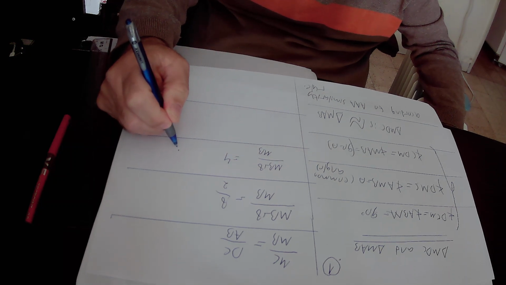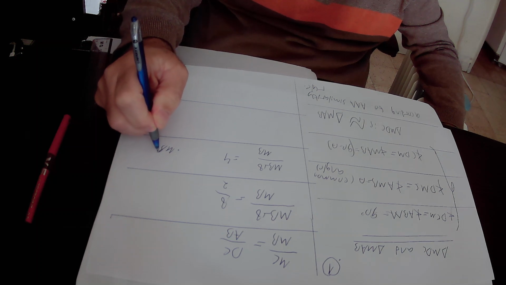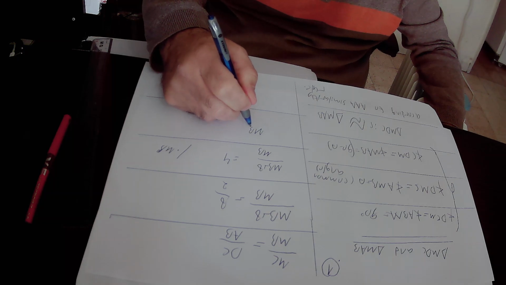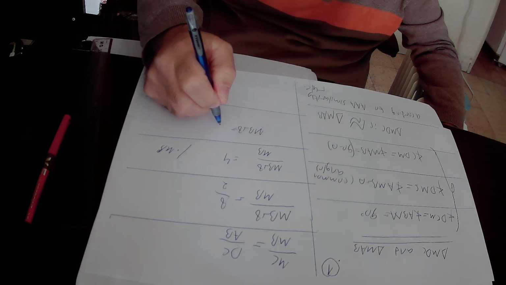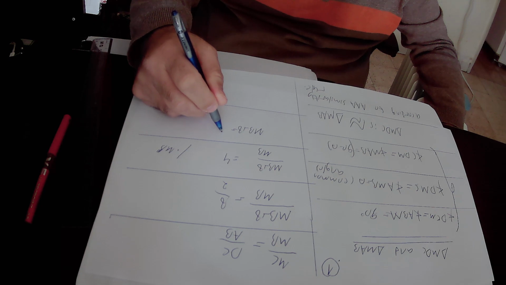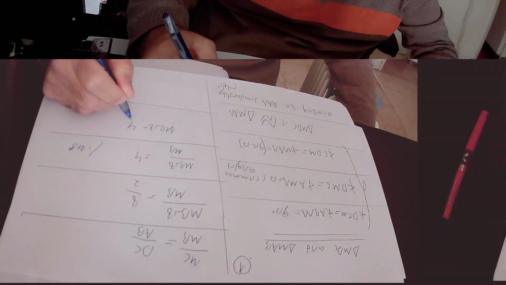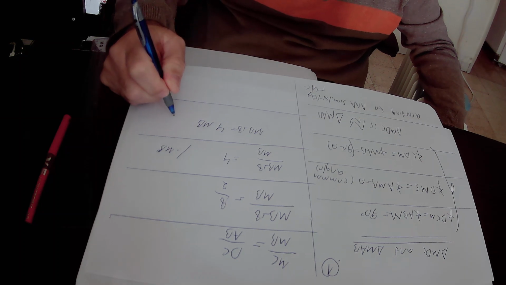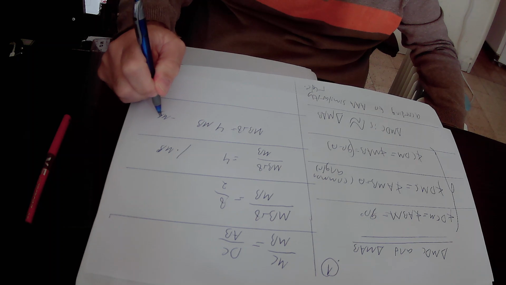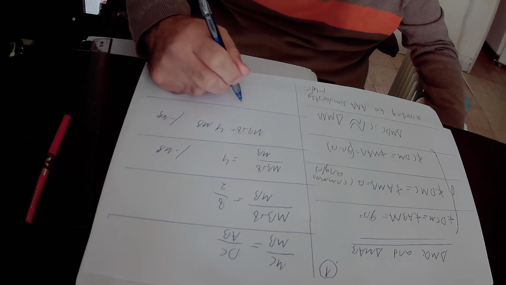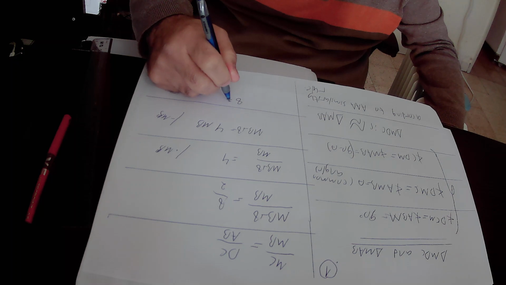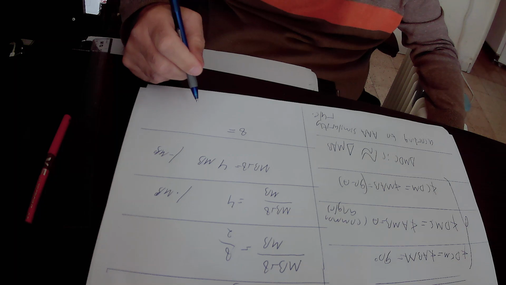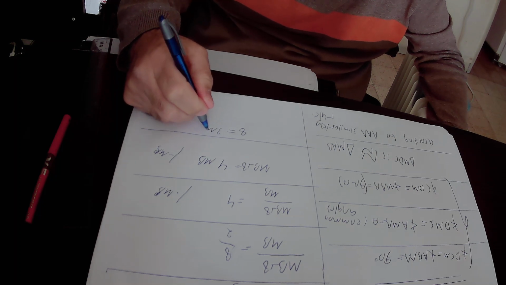We multiply this equation by MB and we get that MB plus 8 equals 4 times MB. We subtract MB from this equation, and we get that 8 equals 4 MB minus MB, which is 3 MB.